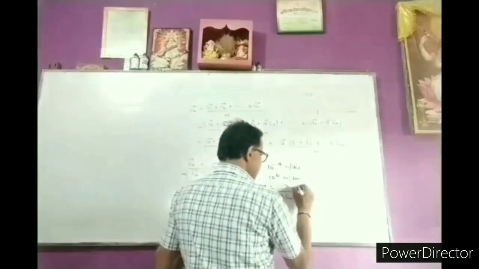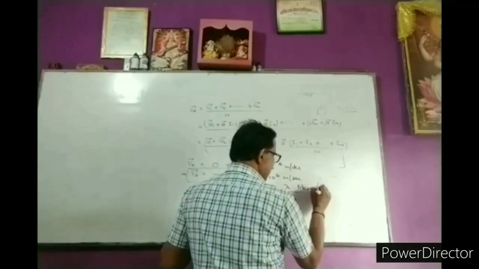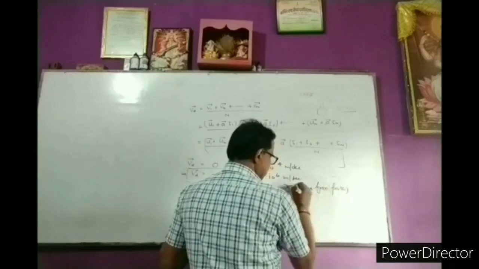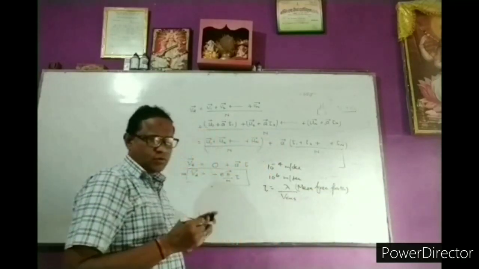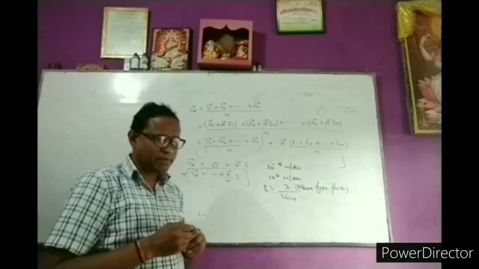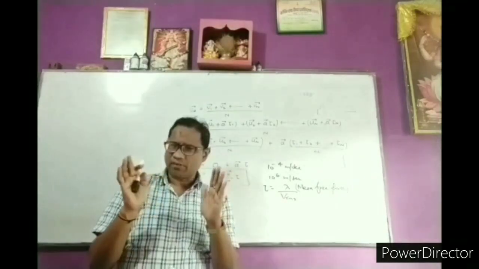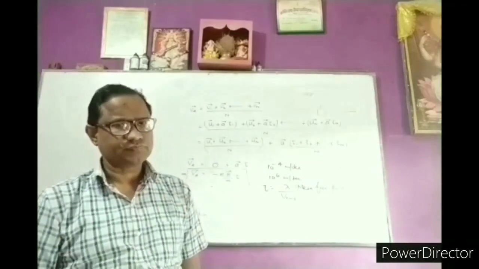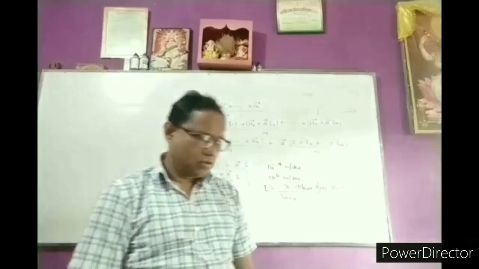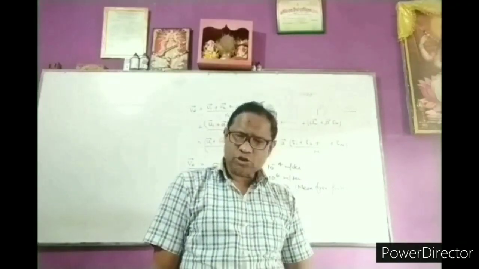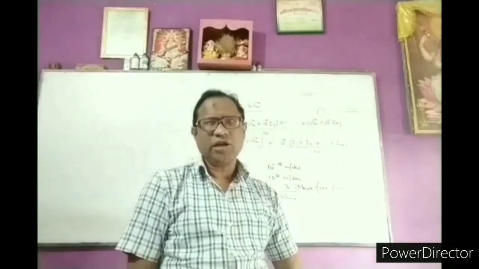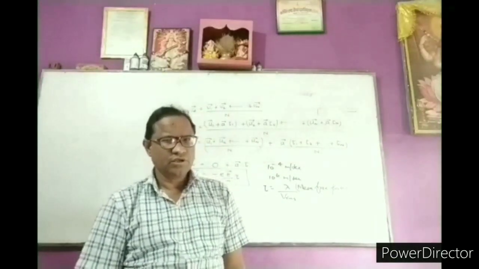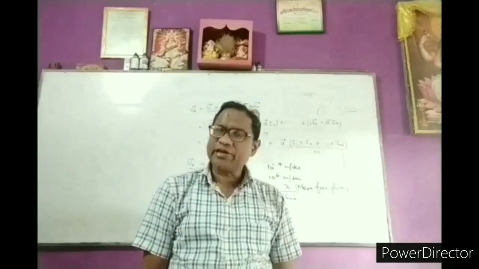Lambda means mean free path, and v rms is the root mean square velocity of an electron. Last topic related to this part, relation between drift velocity and electric current.